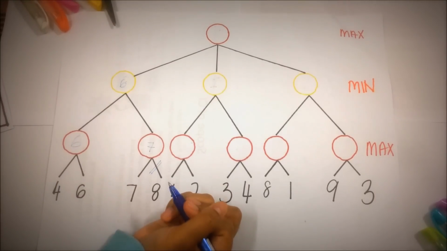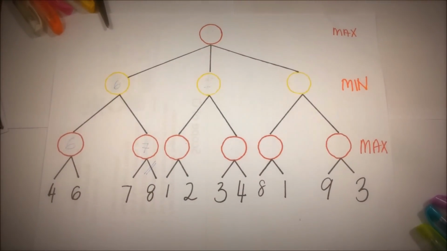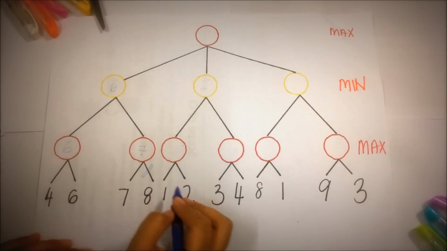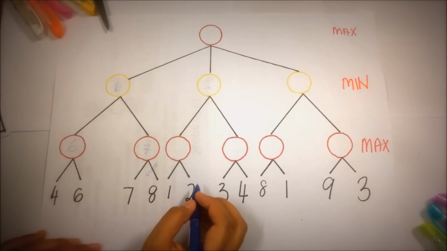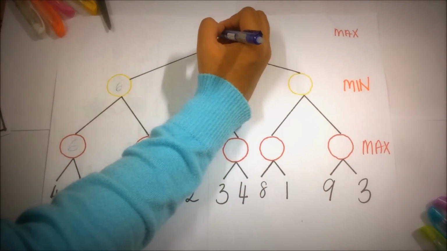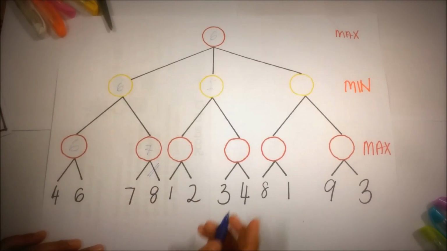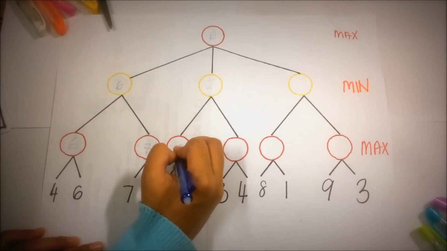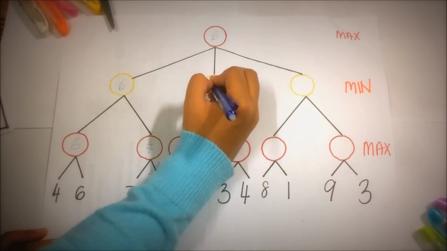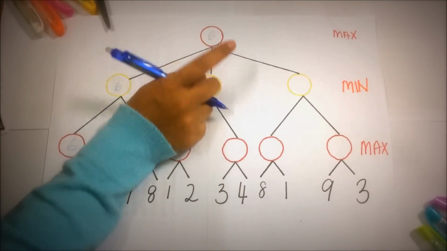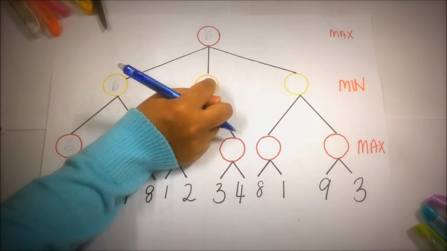Next, eventually the 6 value will move to the root node. Now we will compare 2 with the 6 value. 2 is the minimum node while 6 is the ancestor maximum node.